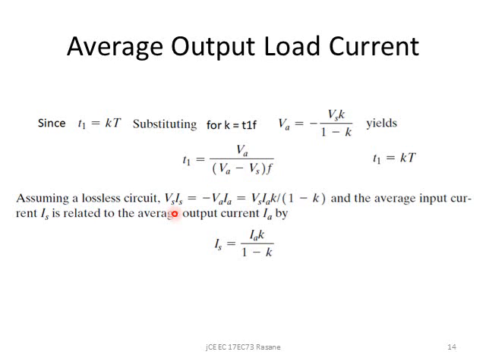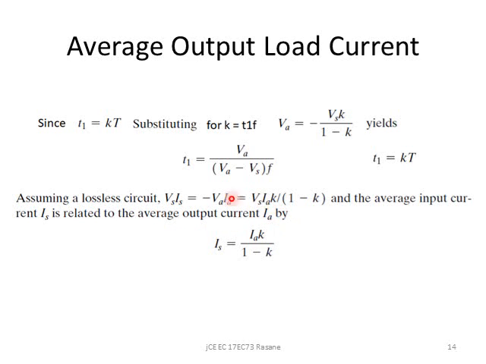Assuming a lossless circuit, we know that the input power, that is Vs into Is, is equal to the output power, and in this case output power is Va into Ia, but with a negative sign. So this becomes equal to Vs into, we know that output voltage is Vs into K upon 1 minus K, right? Substitute that, and the average input current Is is related to the average output voltage.